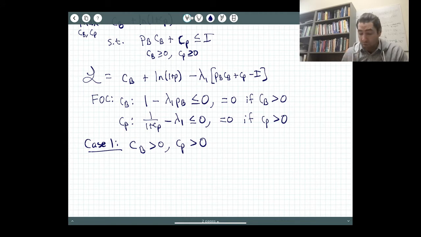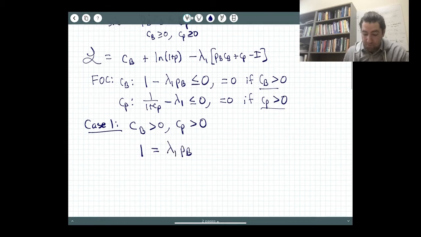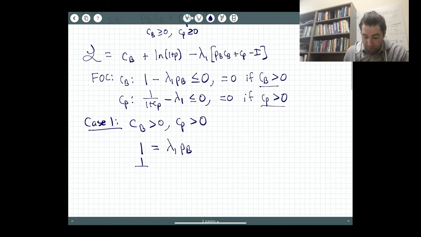So let's solve that case. Since both of these are strictly positive, the first order conditions are equal to 0, both of them. So I know that 1 is equal to lambda 1 times PB. I also know that 1 over 1 plus CP has to be equal to lambda 1.